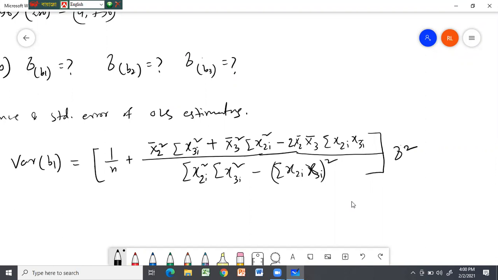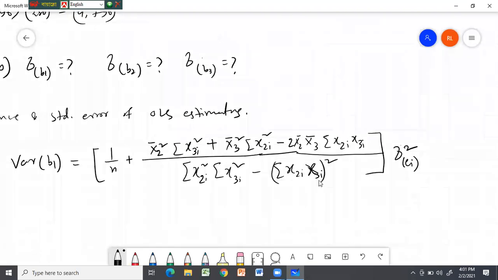This sigma square, or error variance, is more specifically known as the variance of e_i. The e_i is the error term whose variance is denoted by sigma square.